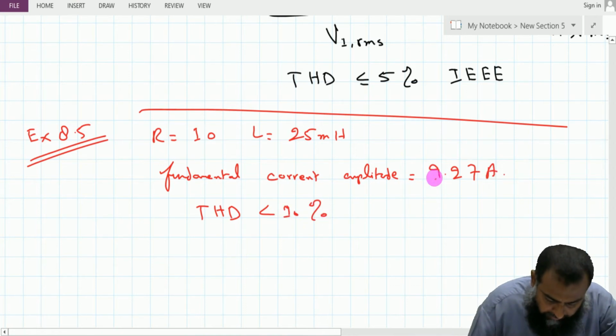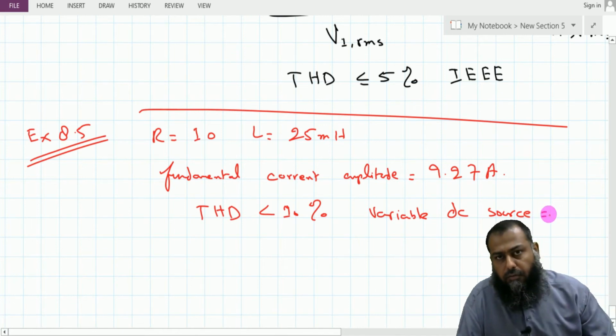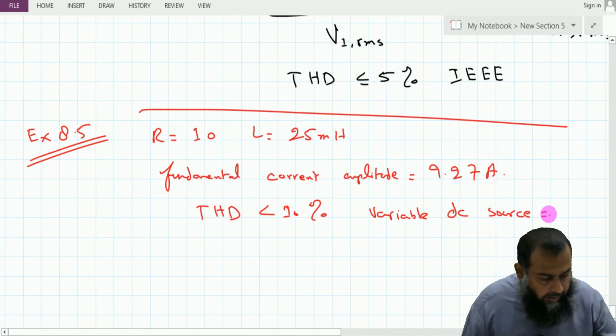So we have a variable DC source through which we can actually vary the input voltage.